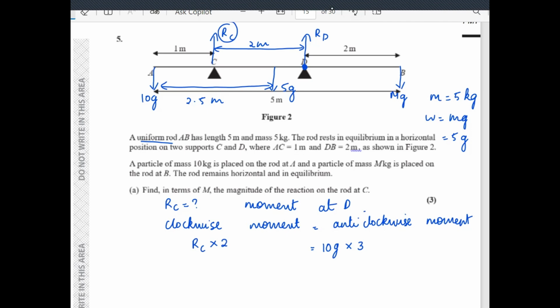Comparing with the point D, this is an anti-clockwise moment. The weight acts at 2.5, and from A to D it is 3, so the distance between 5g and D is 0.5. So the anti-clockwise moment is 5g into 0.5.